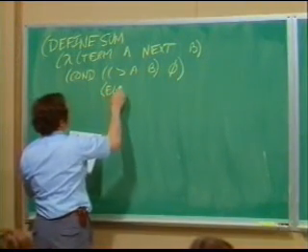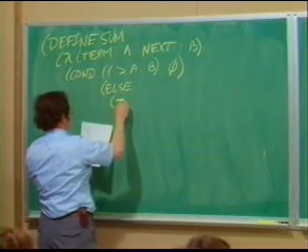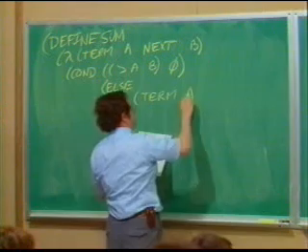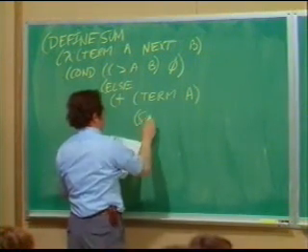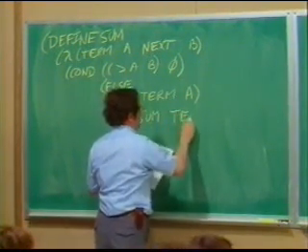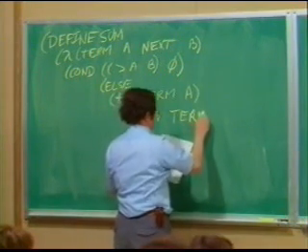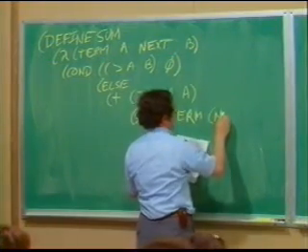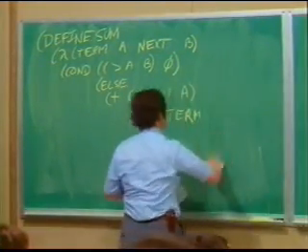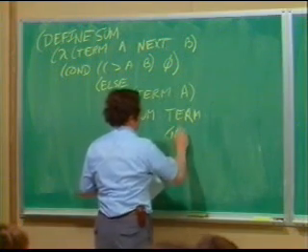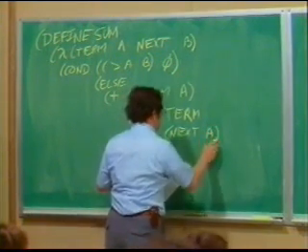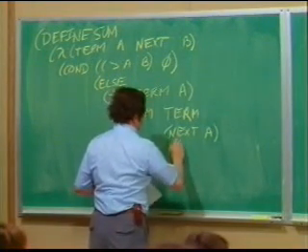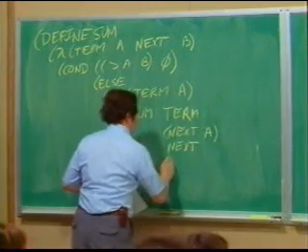Otherwise, it's the sum of the term procedure applied to A, and the result of adding up terms with the next A being the next procedure applied to A, the next procedure passed along, and the upper bound being passed along.